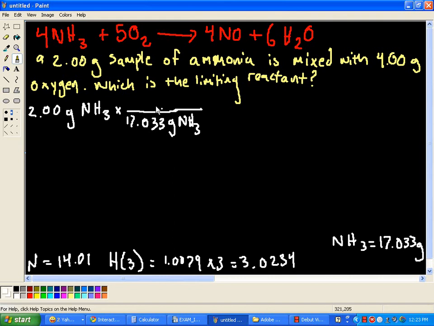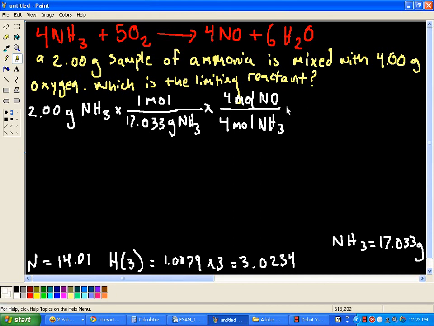Now that you're in moles NH3, you still have to go to moles NO. In order to do that, you do your conversion ratio by looking at how many moles of NH3 per moles of NO. In this case, both of them are 4. Remember, whatever you're canceling out of when doing stoichiometry always has to be on the bottom. So 4 moles NH3 to 4 moles NO.